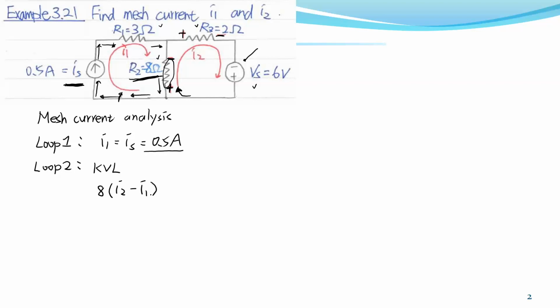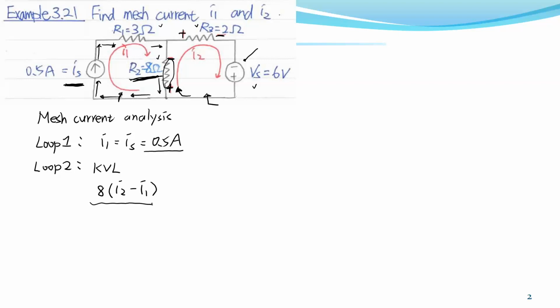Okay, because this R2 is shared by I2 and I1, and because we look at loop 2, we follow the direction of I2, and I1 is in opposite direction of I2.